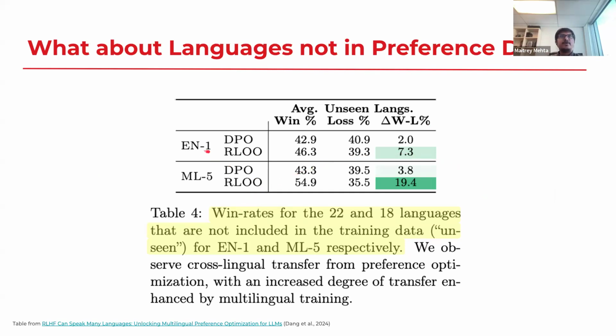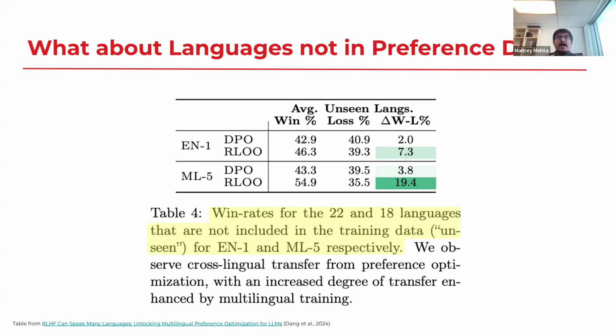So for example, when you're using the EN1, which is the English preference mixture, they evaluate on the 22 other languages that they consider, and they found that you get gains. Similarly, for the mixture that contains 5 languages, they evaluated on the 18 other languages, and they still found that there is improvement over the unaligned systems, the unaligned model, right?